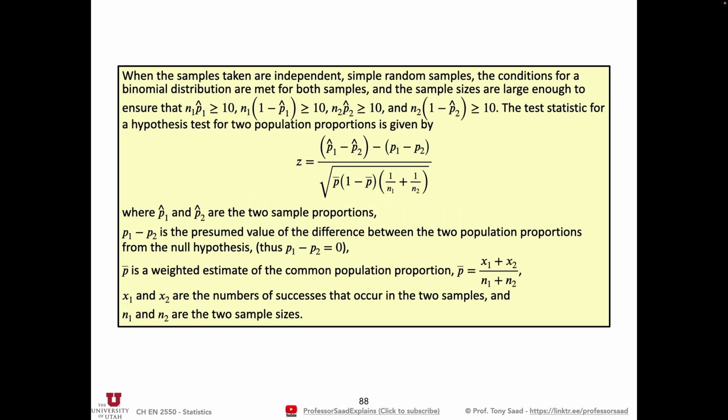Instead of x bar minus y bar minus the null hypothesis, now you're looking at proportions. The unhatted p's, remember, those are population proportions. So P1 and P2, they're not probabilities. They're what you believe about the proportions. Like, 40% of students at the University of Utah eat at the Union.